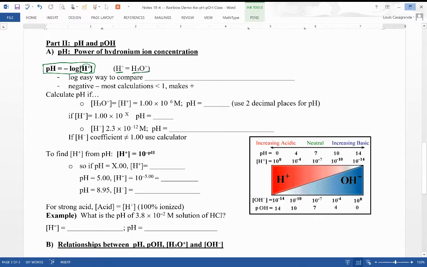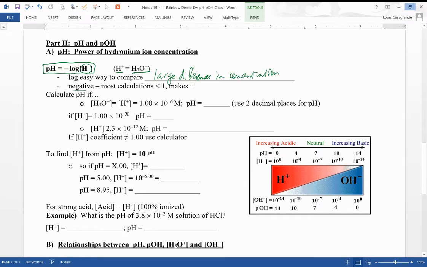So this is a log function. pH is the negative log of the hydrogen concentration. And this negative log makes it easy to compare large differences in concentrations.